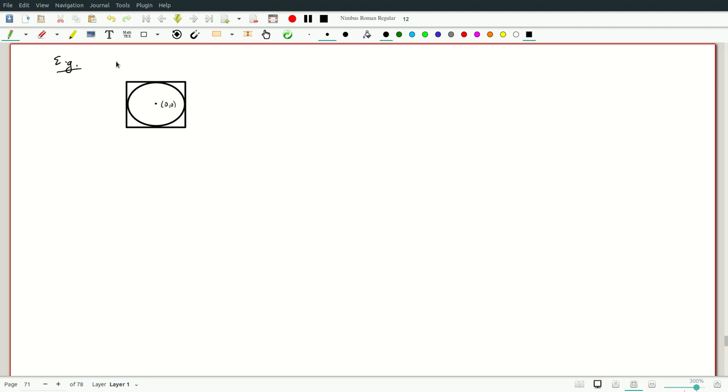We'll have a number. So we look at first the region, the disk, the inside of this, D is the set of (x, y) such that x squared plus y squared is less than or equal to 1, is homeomorphic to [-1, 1] cross [-1, 1].